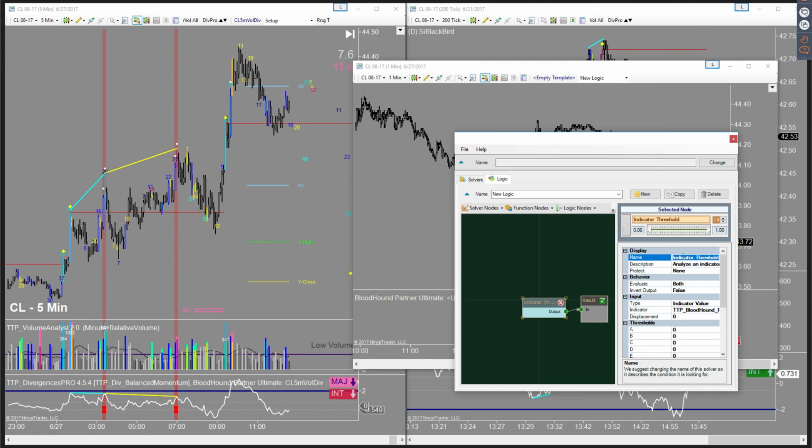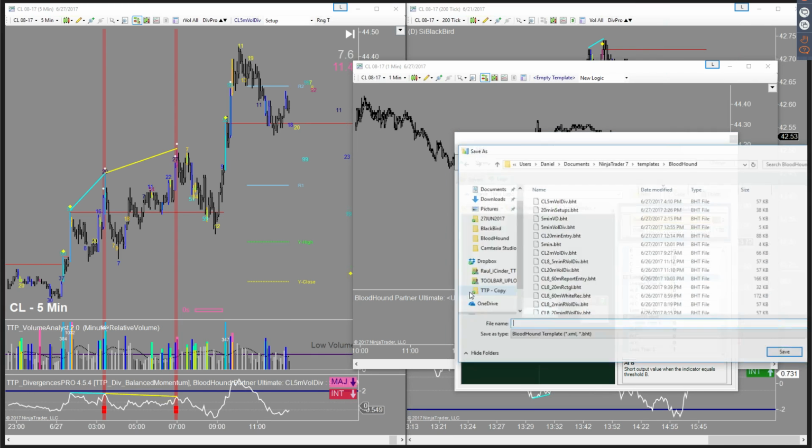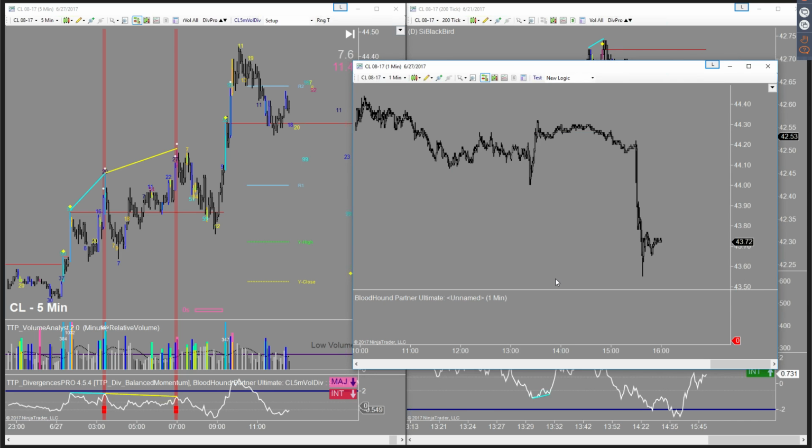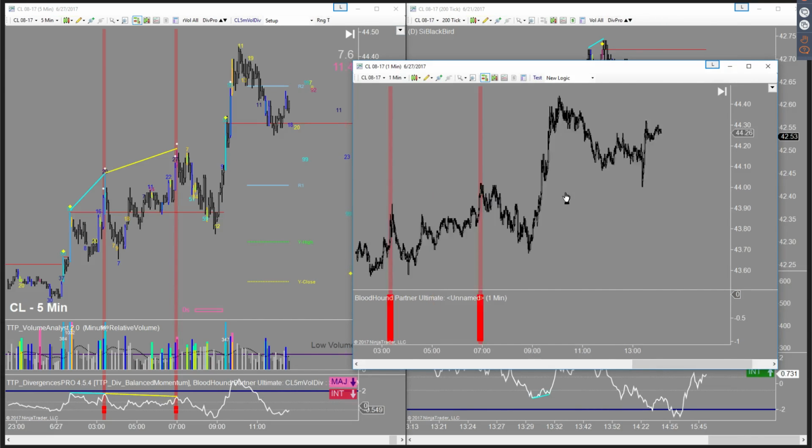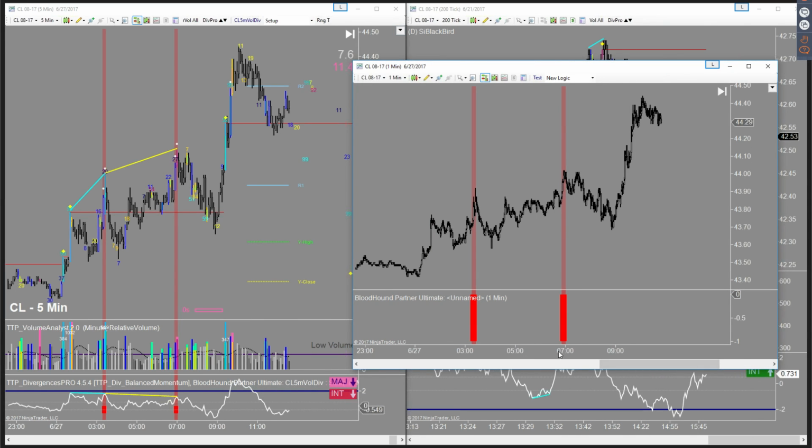So I'll just name it 5 minute chart. It's actually 5 minute volume divergence. And let's see, 1 is positive, -1. Look at that. Is that crazy or what?